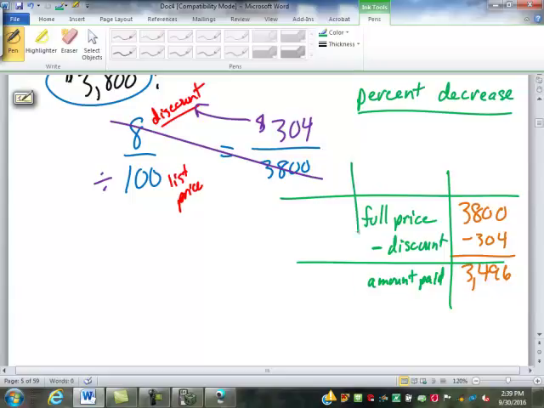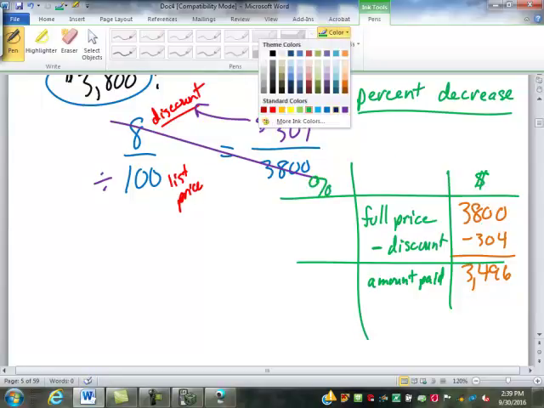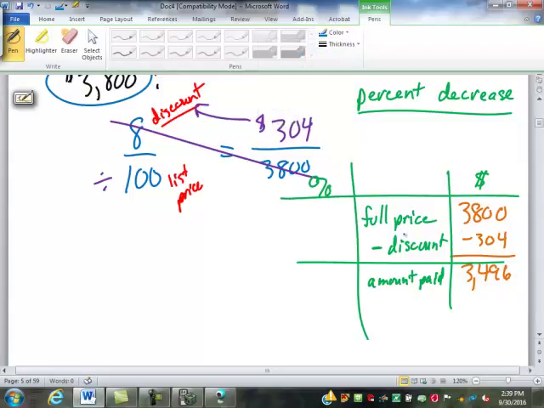And anytime we have a percent problem, every item in the problem is described by two numbers, as we've said. We have the percents, and then in this case, dollar amounts. In this problem, we were given the full price, or the list price, the $3,800. That has to be 100%. The amount of the discount was 8%.